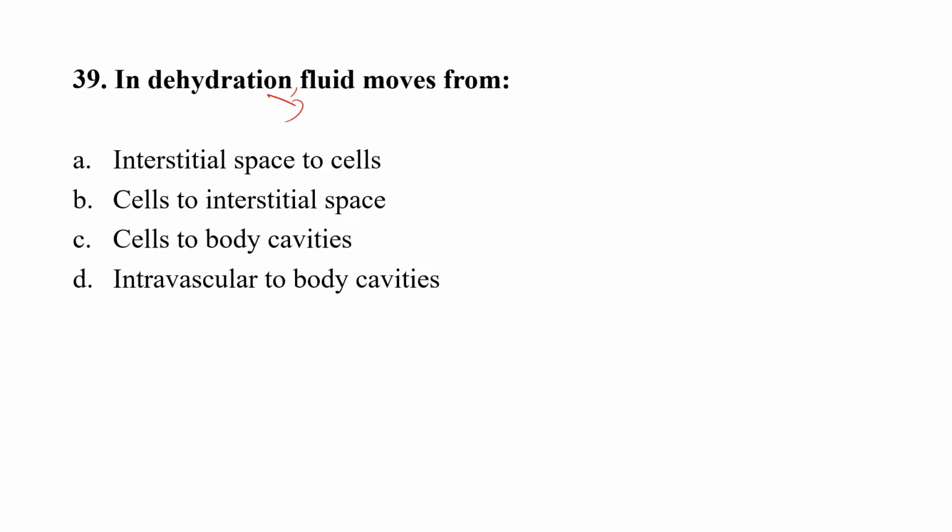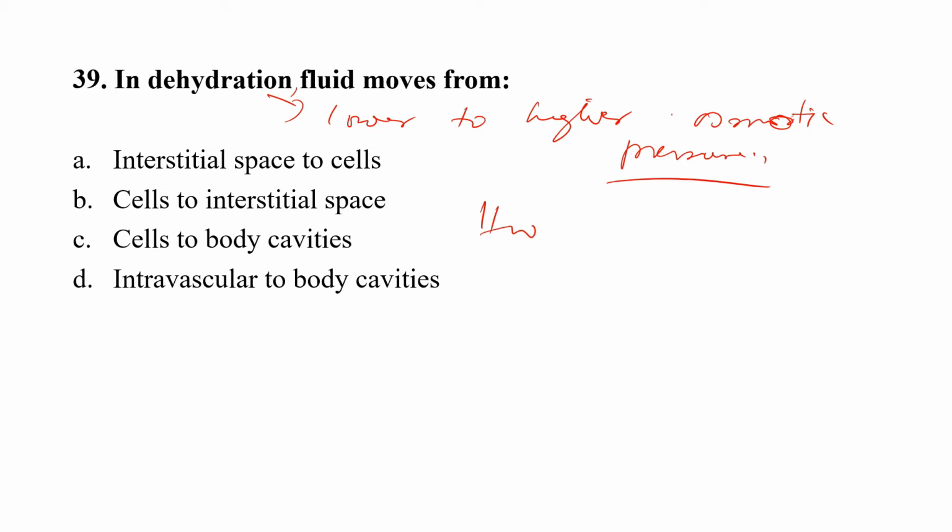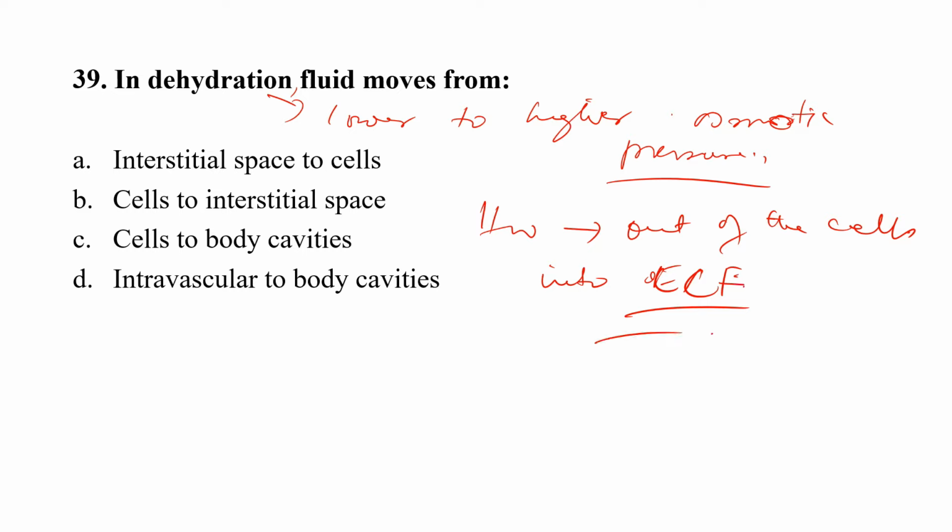Since fluid passes from a region of lower to a region of higher osmotic pressure, the water flows out of the cells into extracellular fluids or interstitial spaces. So the correct option here is option B, cells to interstitial space.